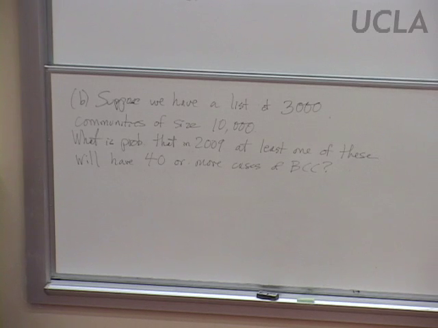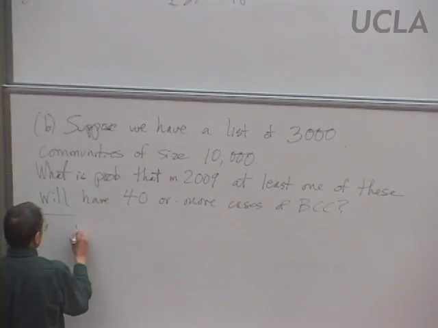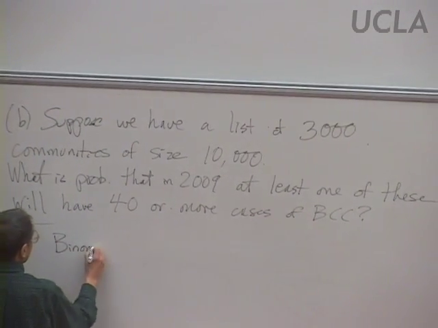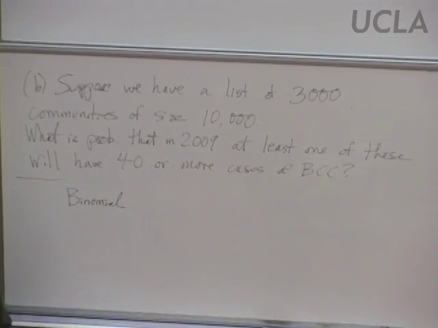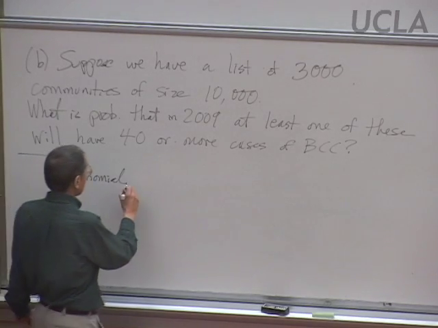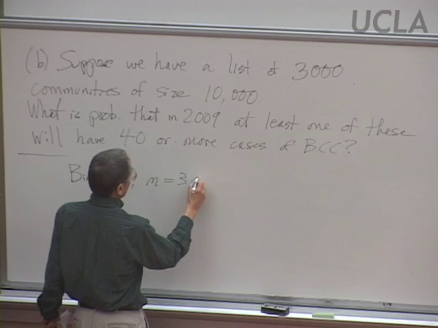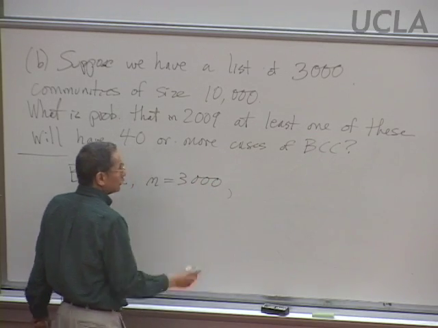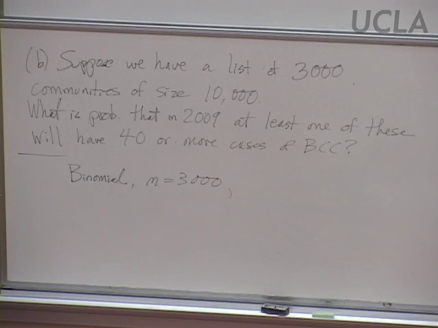Well, it's still a binomial situation, but a different binomial situation. 3,000 trials, which we assume are independent, and we know the success probability for any one trial, 1/5 of 1%.